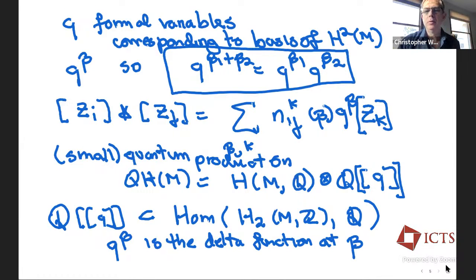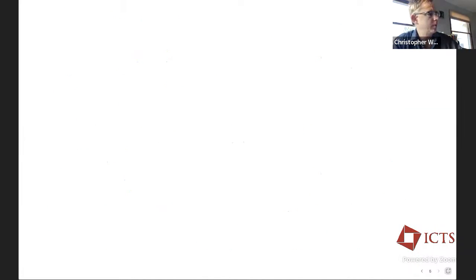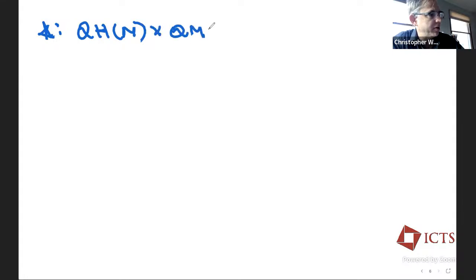Okay, there's also a question in the chat. Yeah. So the quantum product now will go from QHM, let's say times. So you could also do a tensor product there. To QHM.